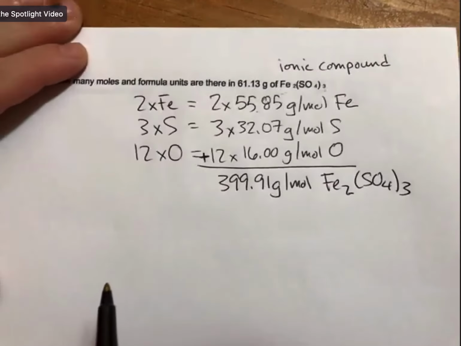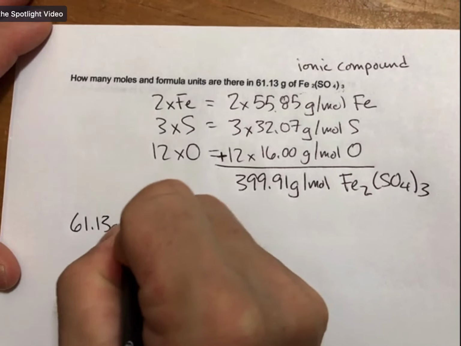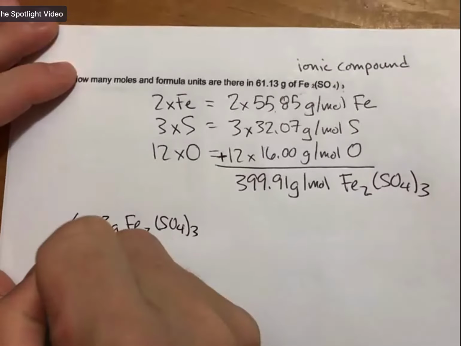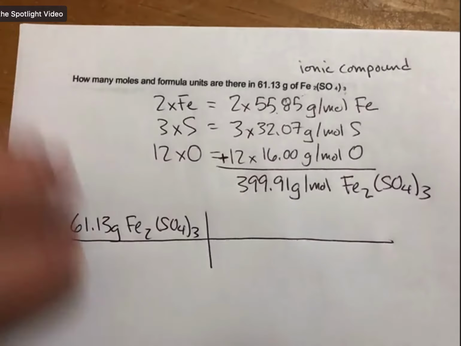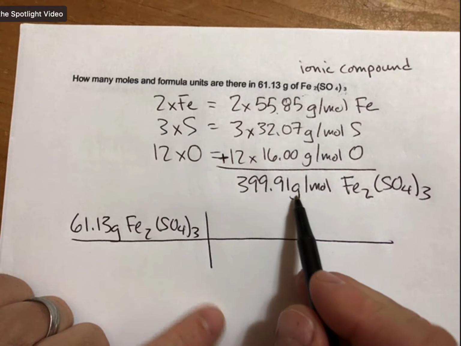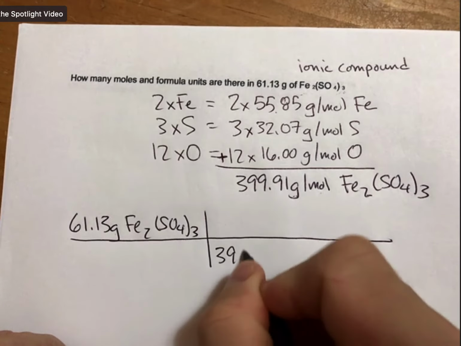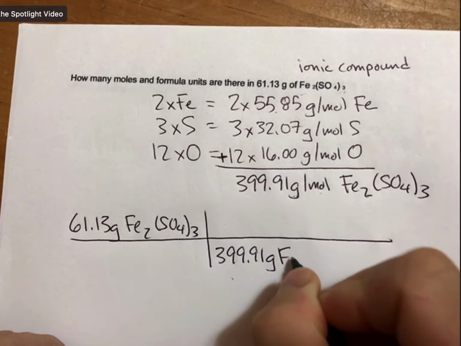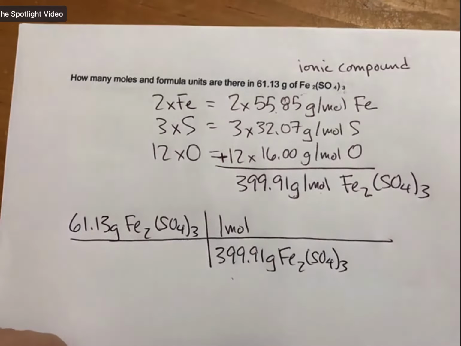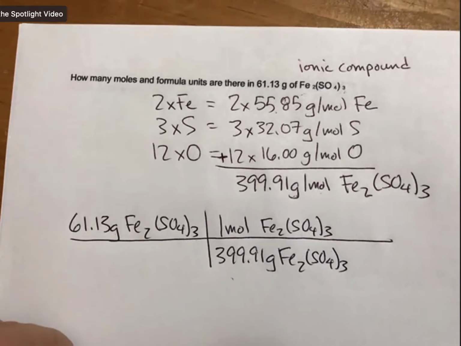Okay, now we're ready to work the problem. We have 61.13 grams of this ionic compound. I know that the molar mass is 399.91 grams per mole. To cancel my grams and end up with moles, grams has to go on the bottom, like so.